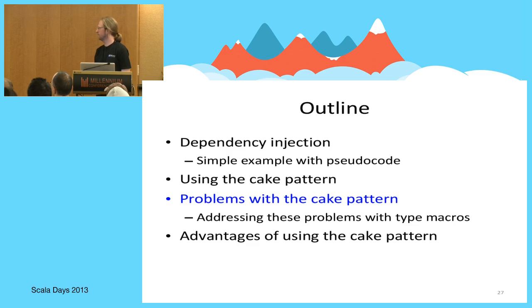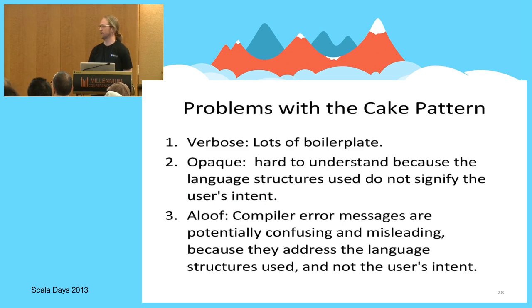So let's talk about some of the problems that we have with the cake pattern. It's confusing. It's hard to understand, because we're not using a library that just tells us what's going on.